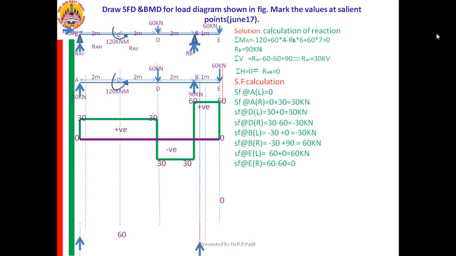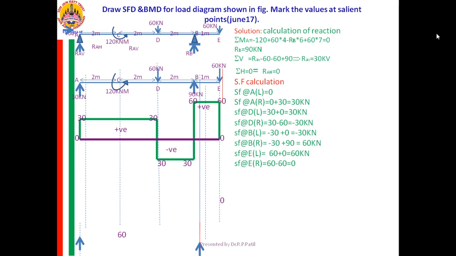Like if you are seeing the D, on the left of D it is positive, on the right of D it is negative. Therefore that point is important for me, particularly when the load is of higher order, like UDL, linear load, distributed load. That time these points play a very important role.